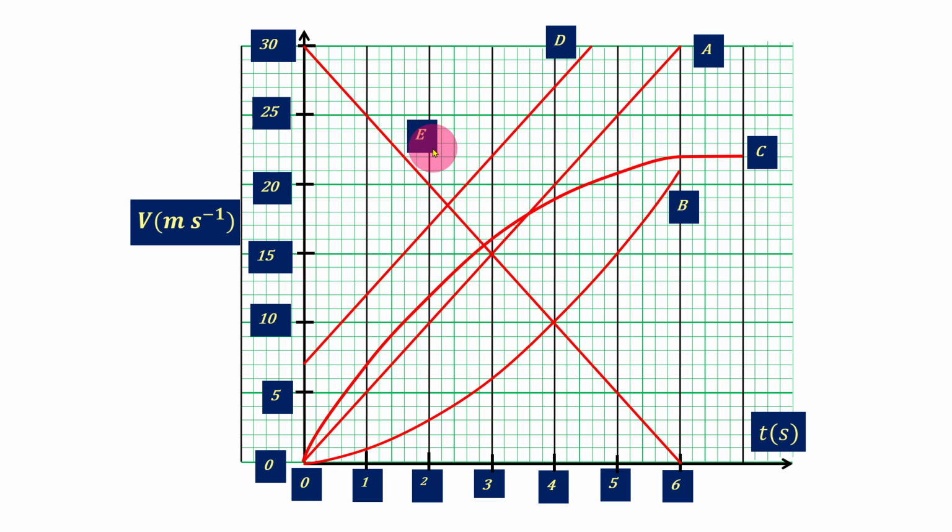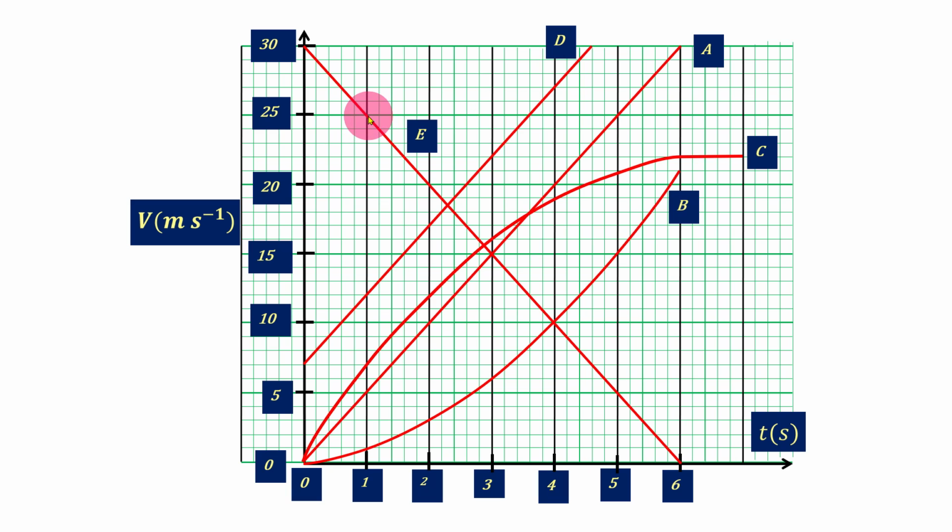Better still, we can use the term acceleration, and we can say the object starts with a velocity of 30 meters per second and decelerates to rest after 6 seconds. And the deceleration is 5 meters per second squared. Notice that when I use the term deceleration, I don't mention the negative sign.